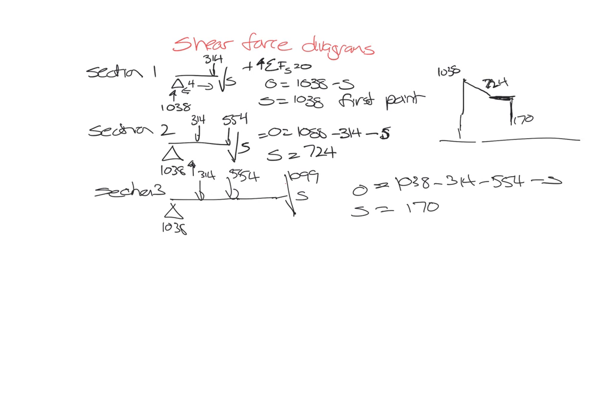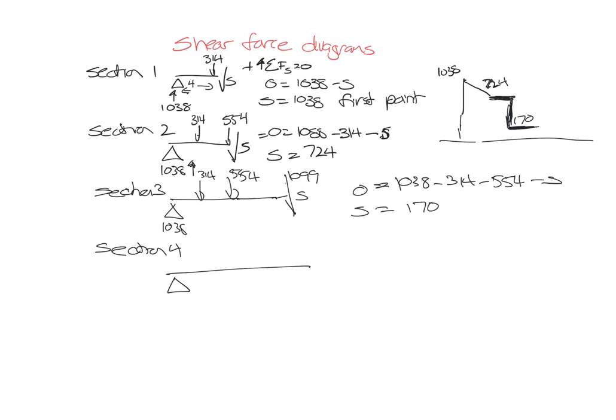So this would be our zero line. Moving across now, we're getting this pattern. The uniform distributed load is a slope down, an even slope, coming across to our point load, coming across to our next uniform distributed load, which is now our section 4.